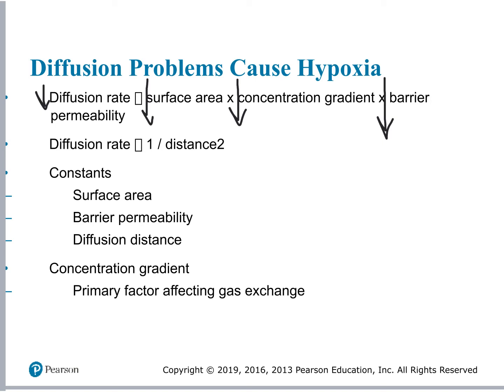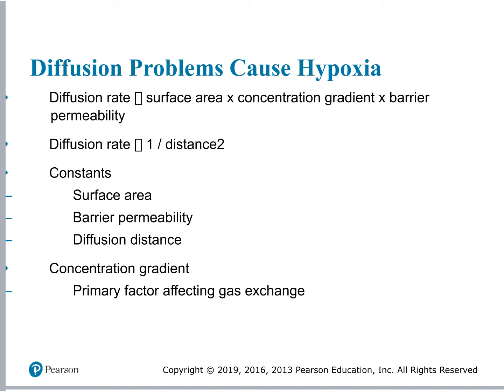Anything that decreases the concentration gradient, either of oxygen in the alveolus or carbon dioxide in the pulmonary capillary, decreases the diffusion rate of the gases across the respiratory membrane. And anything that decreases the barrier permeability, something that increases the thickness of the alveolar wall or the thickness of the pulmonary capillary endothelium, decreases the diffusion rate.